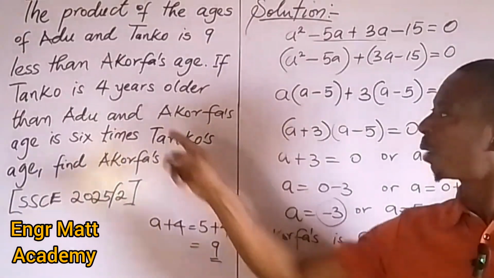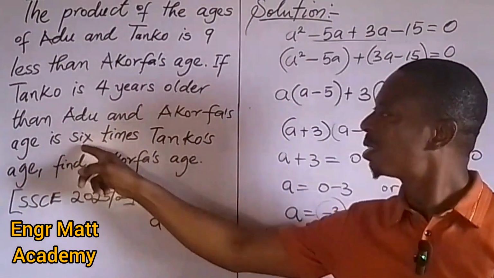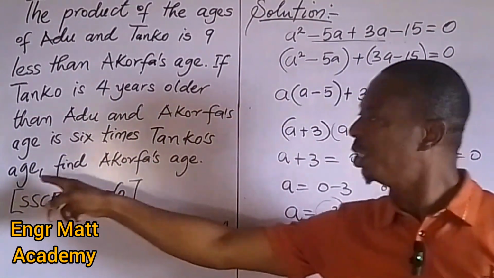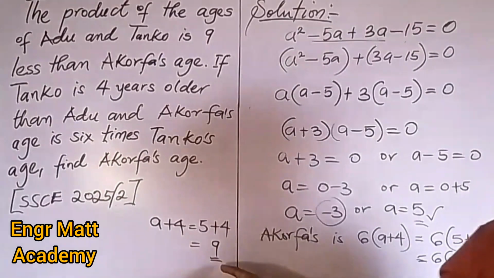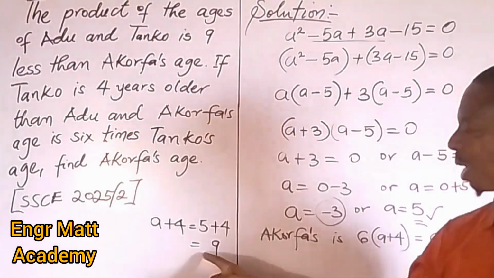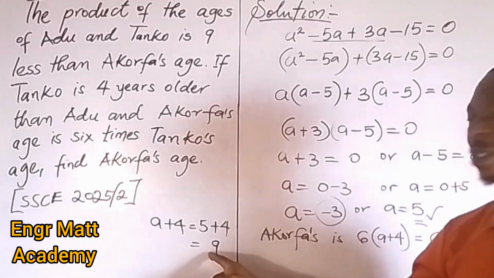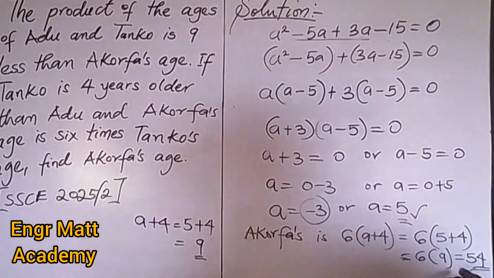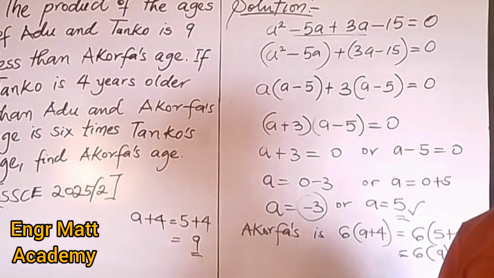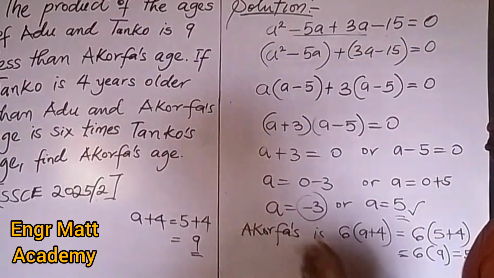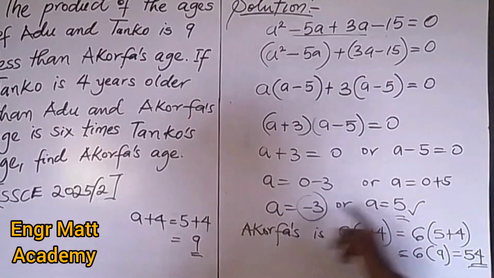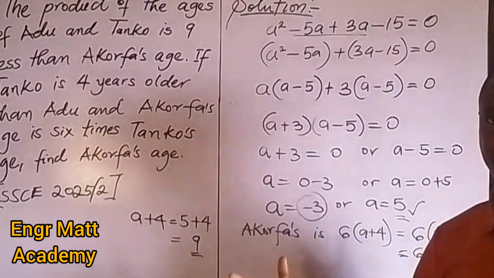Also, remember that Akofa's age is 6 times Tanko's age. Since Tanko is 9 years old, 6 times 9 will give us Akofa's age. 6 times 9 is 54. That alone has confirmed that the values we got for Adu and Tanko are correct.